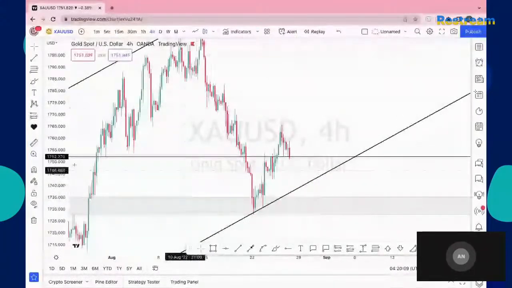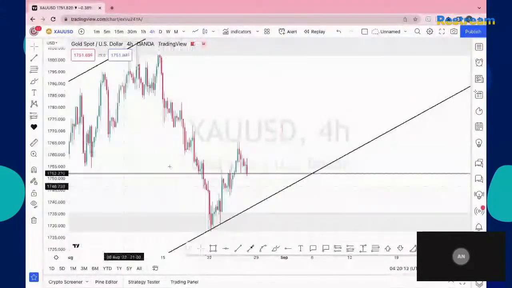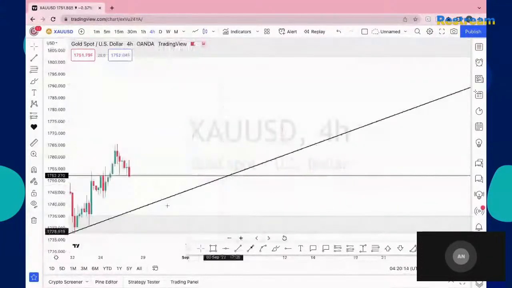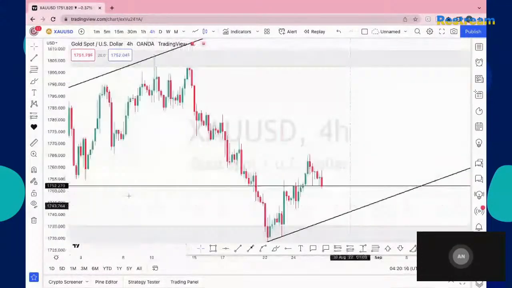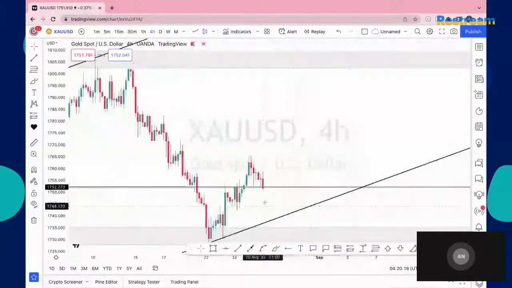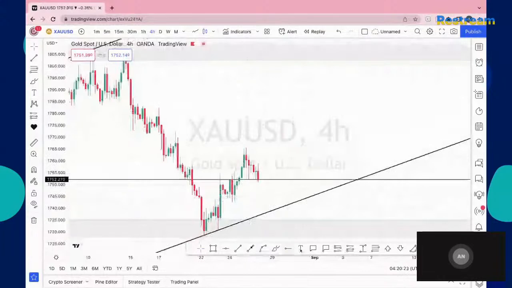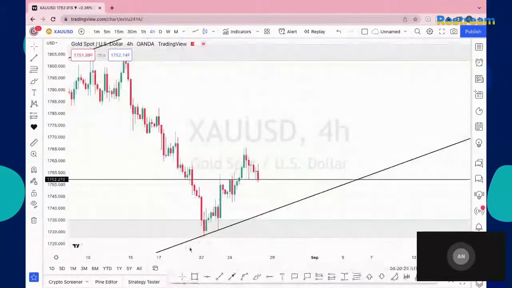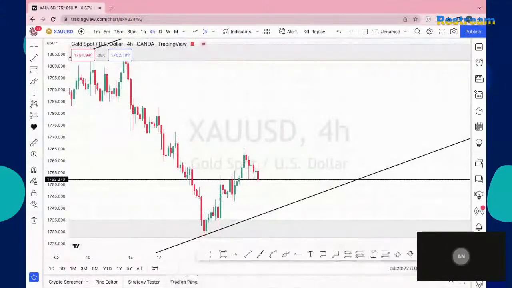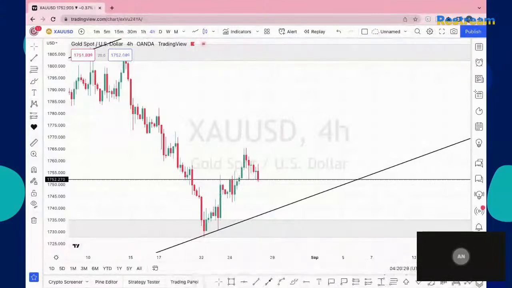Okay, let's look at this. Now we're not focused on what's going on the left-hand side, but now focusing on what's happening now.